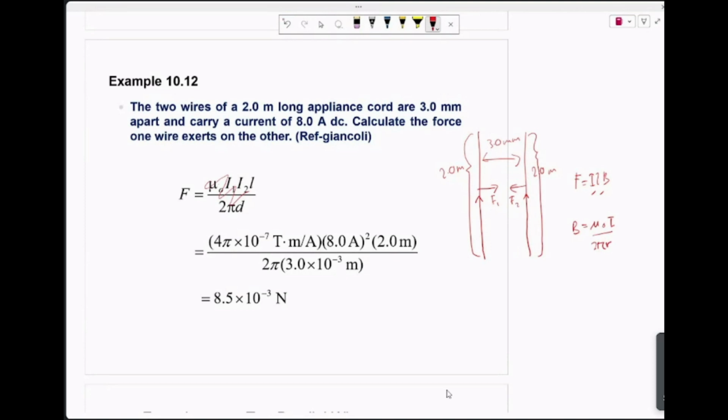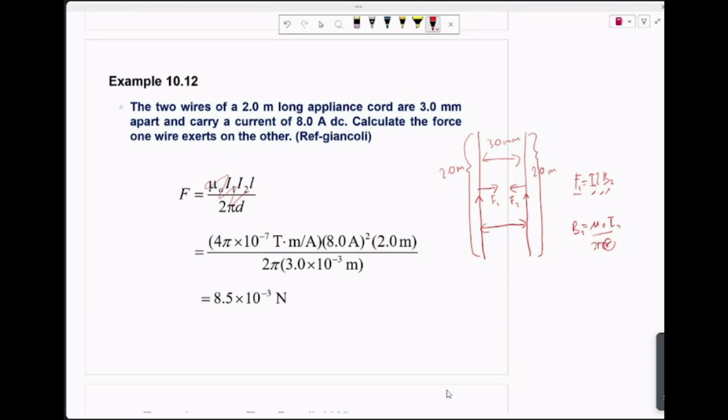Here the r is the distance between the two wires. Once you have this, let's say you determine F1, so this one must be B2, where r is the distance apart. Put in these values, and you immediately get F1. That will be the answer. Do it this way, you still get the answer.